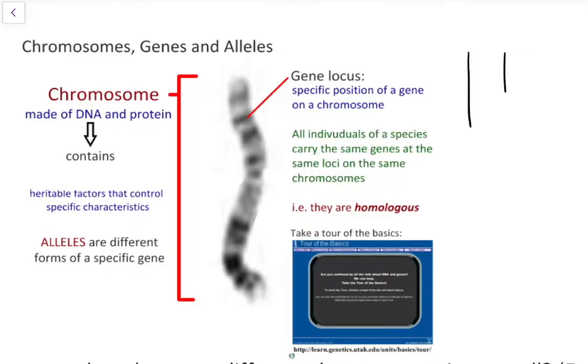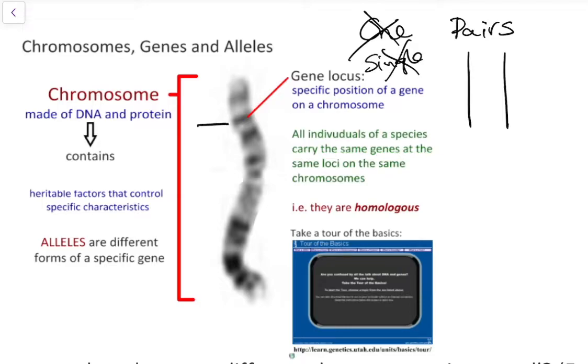They also come in pairs. We don't have single chromosomes. That's not what we find in eukaryotes. They come in pairs, and at specific locations, the gene locus, we have specific genes on different chromosomes.